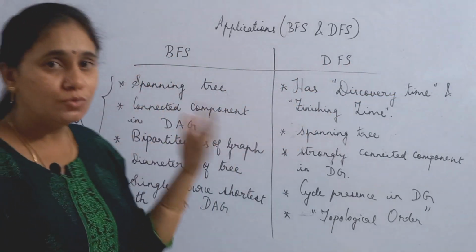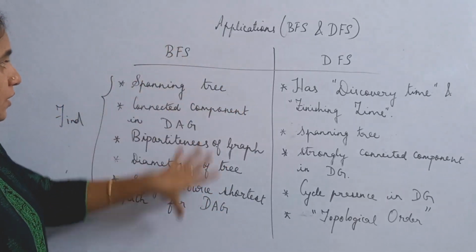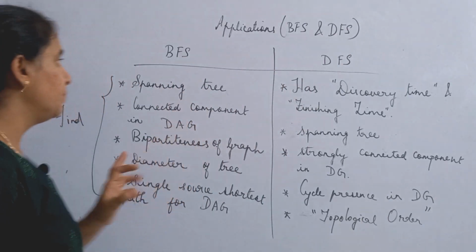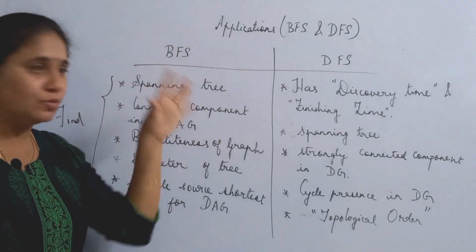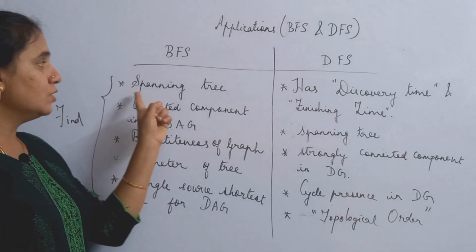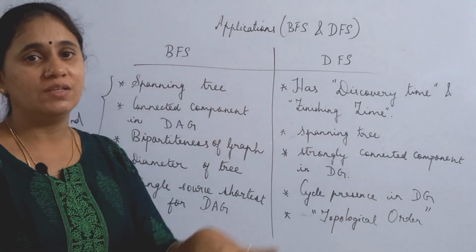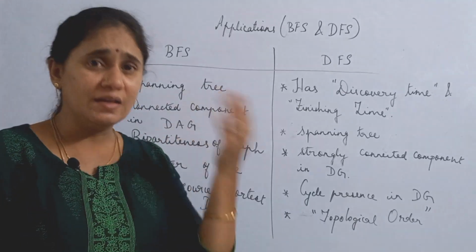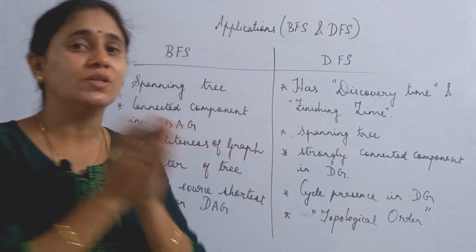First I will give you the applications of BFS and then I will go for DFS. BFS is used to find the spanning tree, that is, a minimum spanning tree, the minimum cost for traveling from one source to destination.